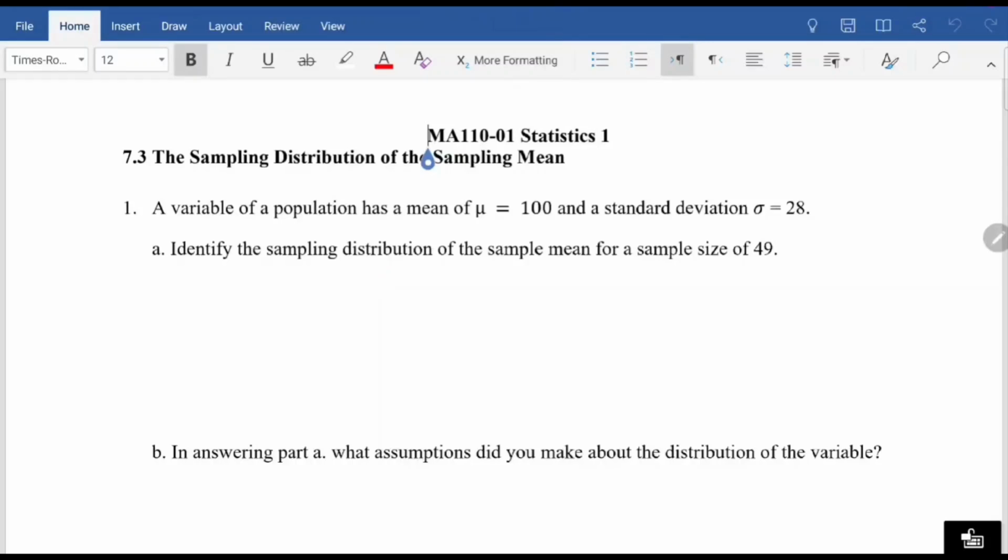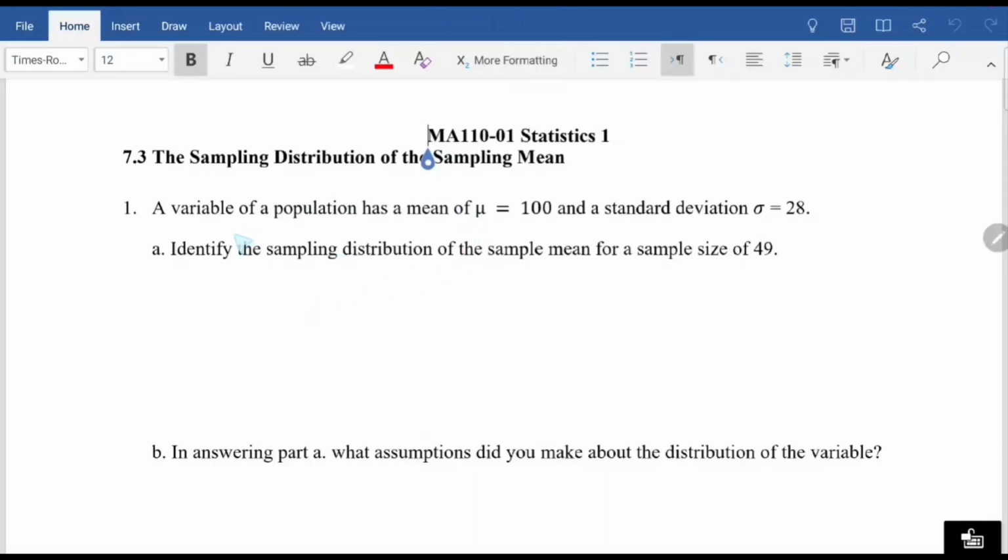So you have to state the mean, you have to state the standard deviation of the sample means, as well as the nature of the distribution of the sampling distribution. So let's see how we should be answering this question.